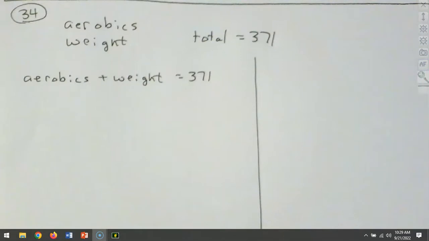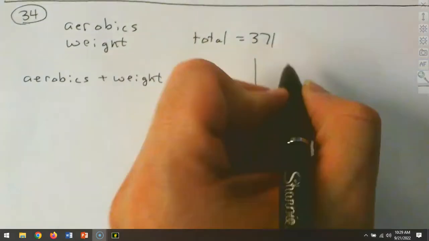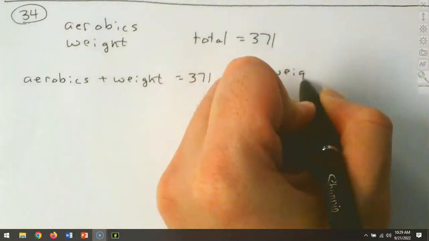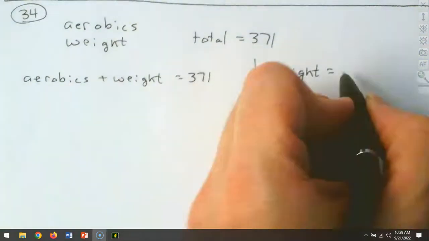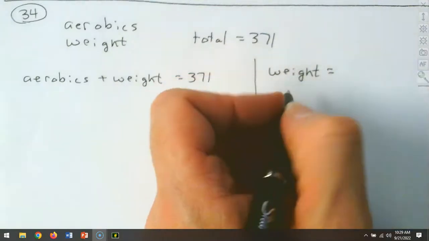Now, how do they relate to each other? It says a workout that combines weight training and aerobics is 371. If weight training burns 2/5 as many calories as aerobics. So weight training is going to be 2/5 the number of aerobic calories.